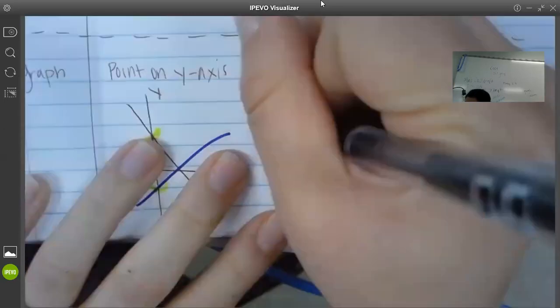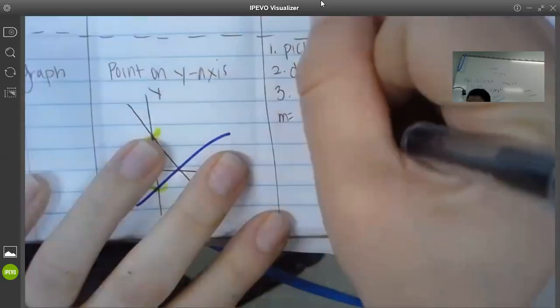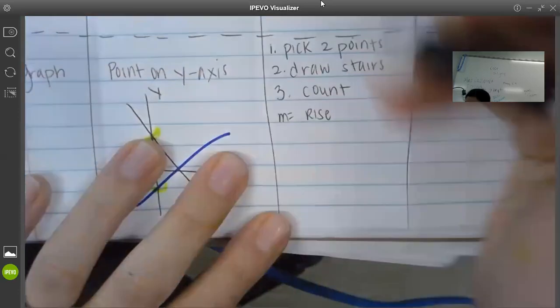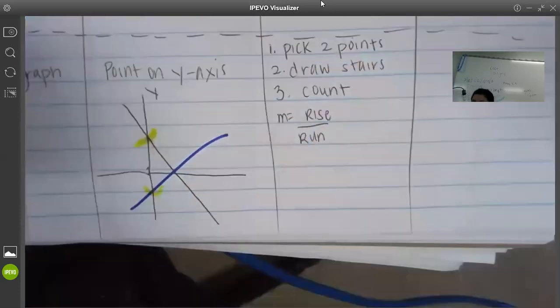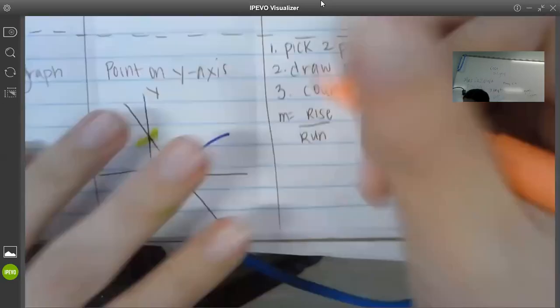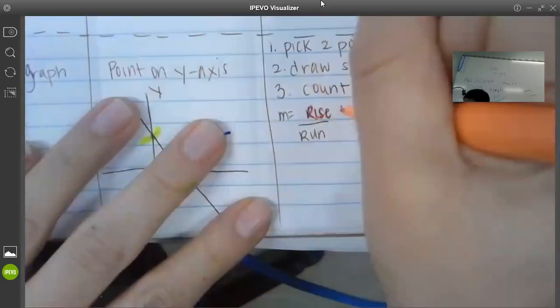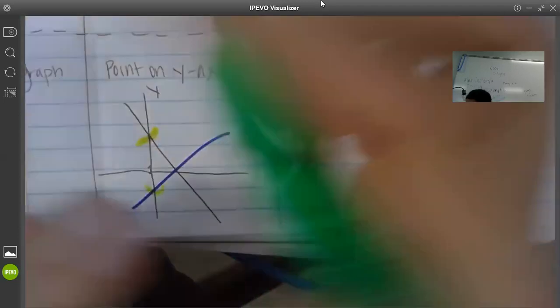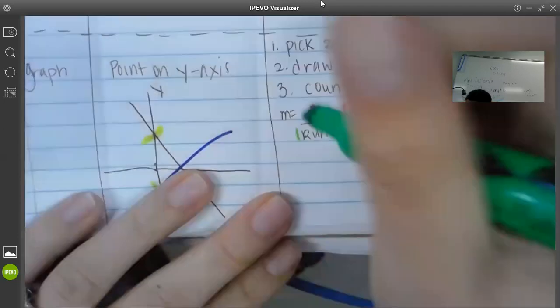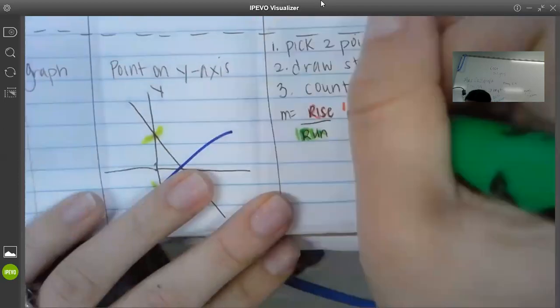So the slope is the rise. How much is changing in this direction over the run? How much is changing in this direction? This is the rise. How much is changing this way over the run? This direction.